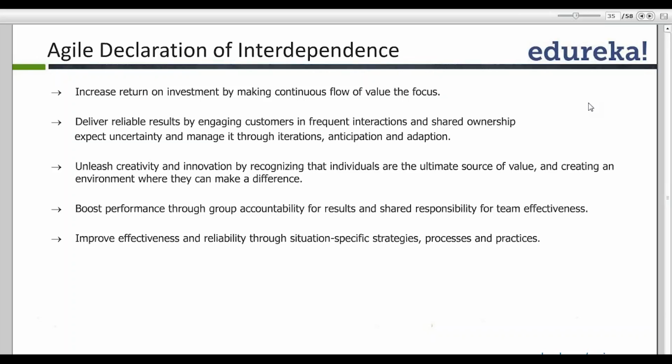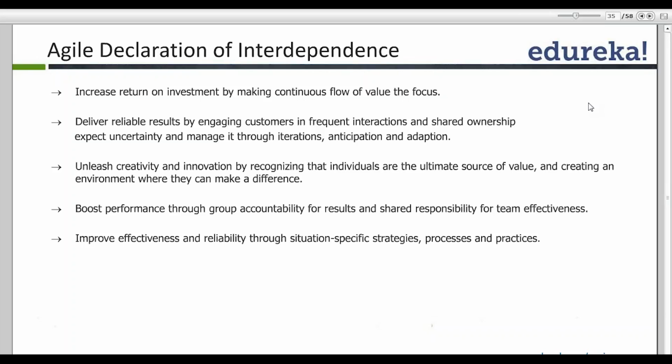The third one says expect uncertainty; no, sorry, unleash creativity and innovation by recognizing that individuals are the ultimate source of value and creating an environment where they can make a difference. This talks about empowering your team members and giving them an opportunity to explore, take risks and come out with innovative solutions.